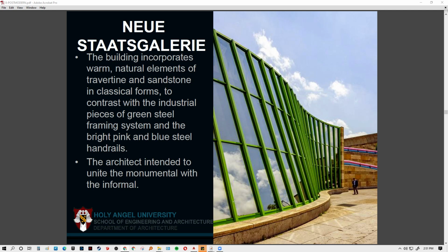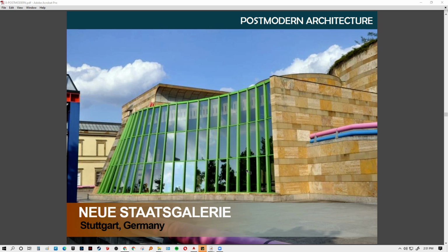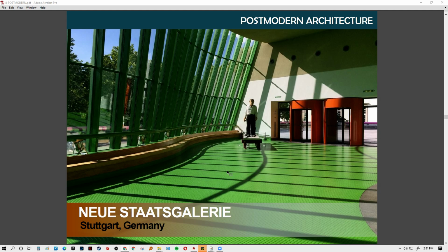So basically he always likes his framing colored with green, and his handrails colored with bright pink and blue. So this is the Neue Staatsgalerie in Germany.